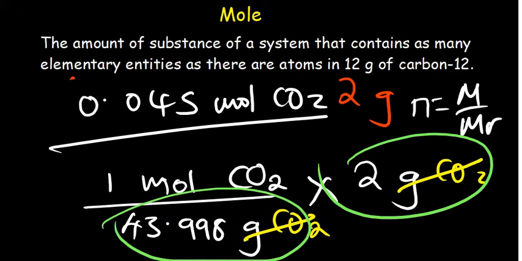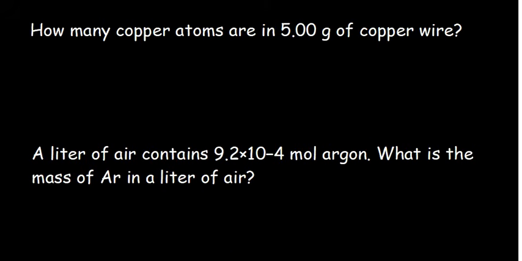Now looking at our interesting examples, how we determine the number of atoms and molecules. How many copper atoms are in 5.00 grams of copper wire? Each time they want to determine any number, whether atoms or molecules, we use what we call Avogadro's number. It is a very common number that I believe each one of us has been exposed to.